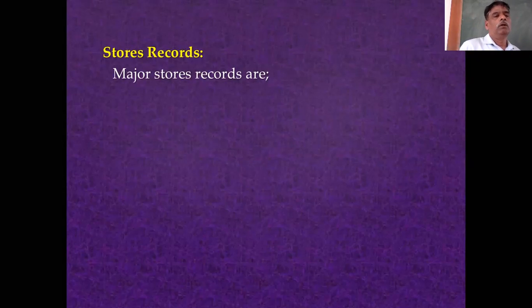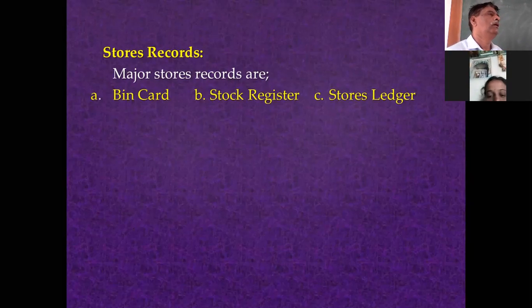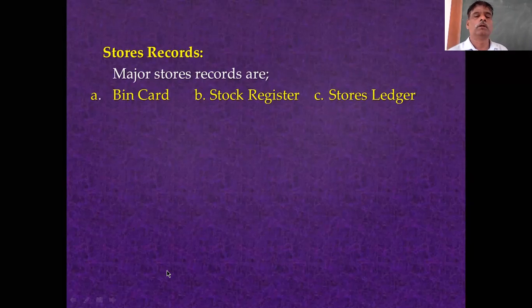So the major store records are: first is bin card, second is store register or stock register, and third is store ledger.